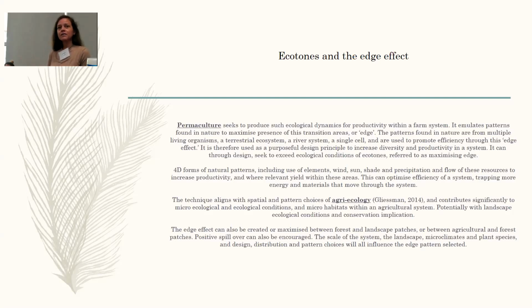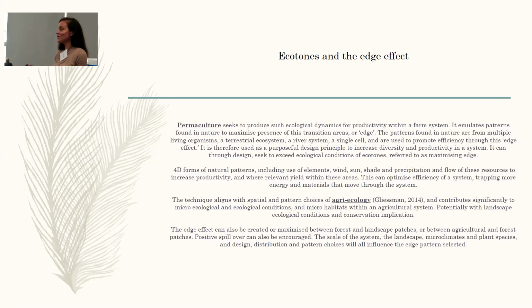The edge effect can also be created or maximised between forest and landscape patches and agricultural and forest patches. So this is complementary to the positive spillover idea, which is very important. Coffee is often grown in forested areas if it's grown next to a protected area or a natural forest. Natural elements can cause the coffee to travel and start growing in that natural area, which can occasionally cause problems.